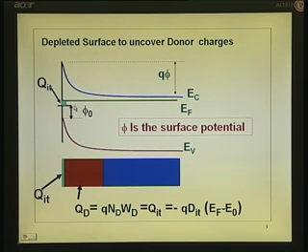So, what you get will be equal to E_g minus phi_0 minus the quantity E_c minus E_F. The maximum value is when this merges with that, so this gap goes off. So, this phi will be equal to E_g minus phi_0 minus that quantity. You can figure it out very easily.